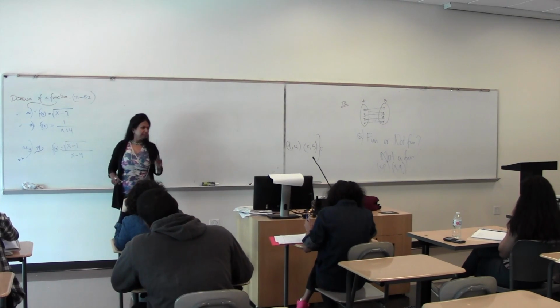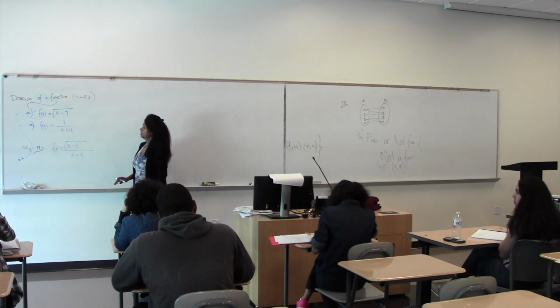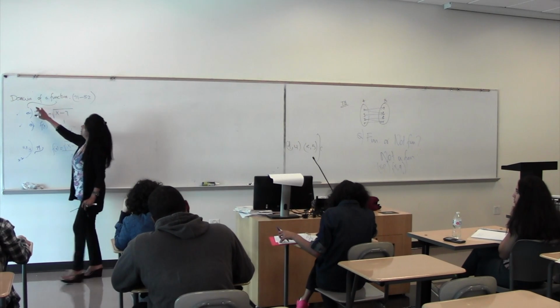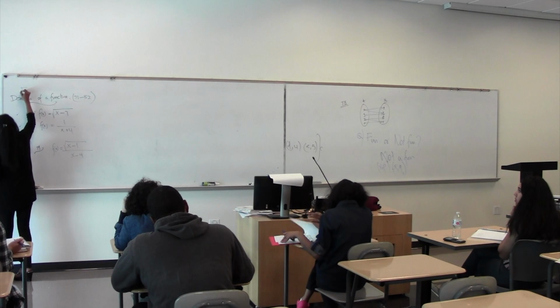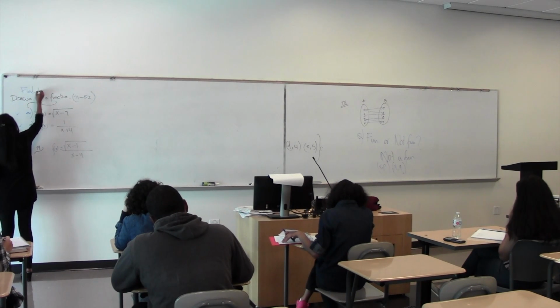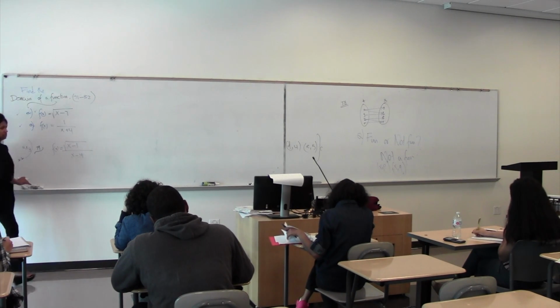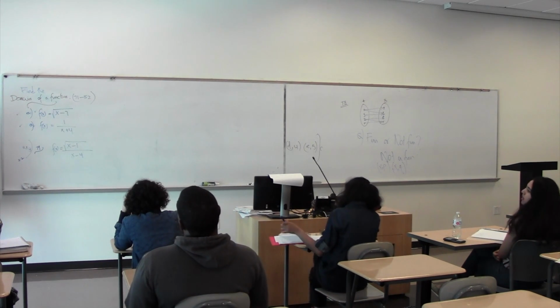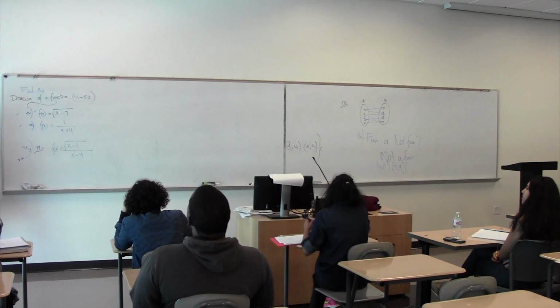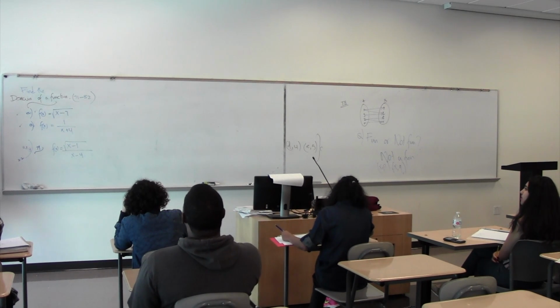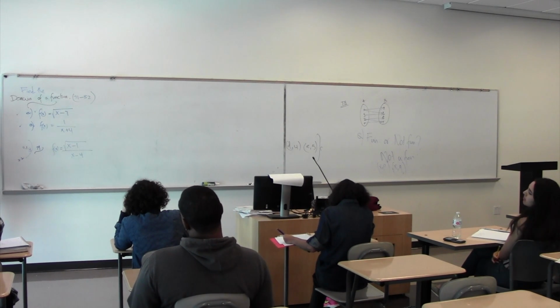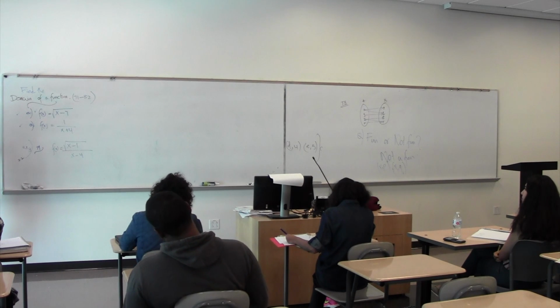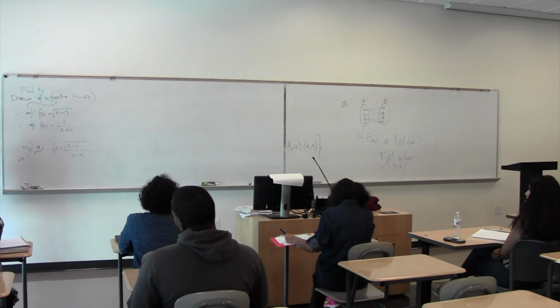And what's the question asking? The question is to find the domain of this function. Okay? That's the question. We have to focus on the question. Domain means we look for the restrictions, take out the restrictions and write the remaining possible ones in interval notation, correct? So what's the restriction here?